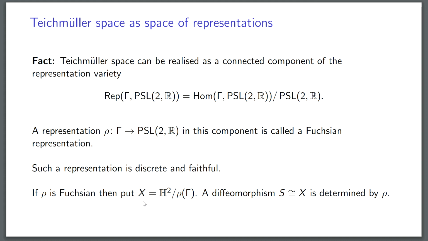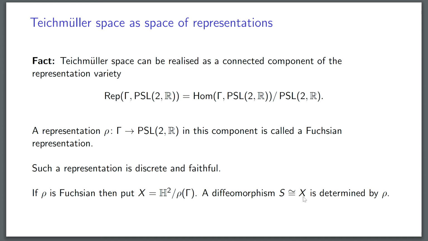This yields a Riemann surface which has the same genus as our original surface S. Moreover, the choice of representation induces an identification between S and our new Riemann surface X. And this diffeomorphism is well defined up to isotopy.